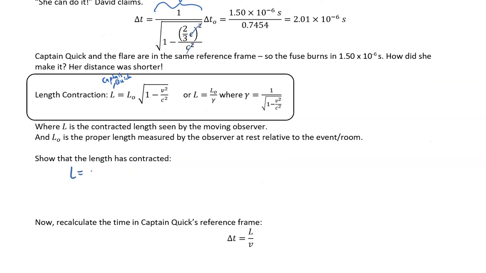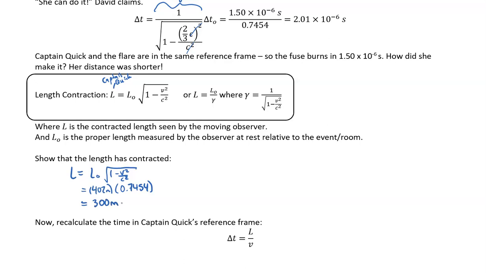So we have L equals L naught times the square root of 1 minus v squared over c squared, which is to say that it's 402 meters times the square root of 1 minus 2/3 squared. We've already calculated that number. We know it's 0.74, so we can just put that number in. 0.7454, and that's a unitless number, and that gives us 300 meters.